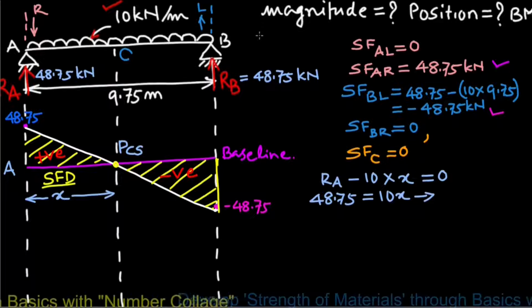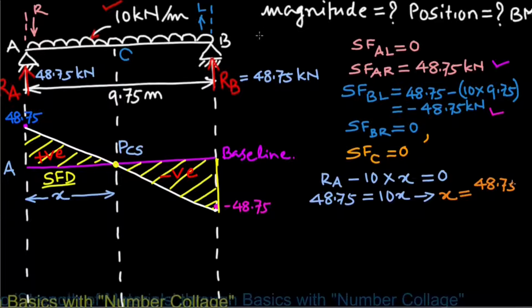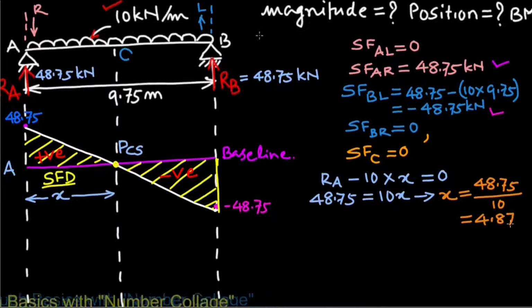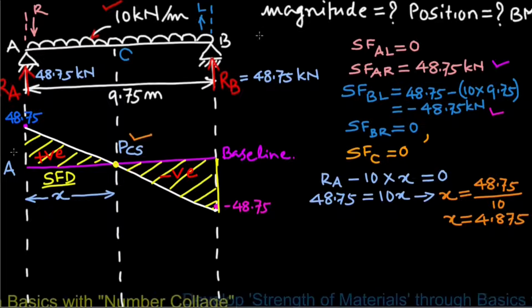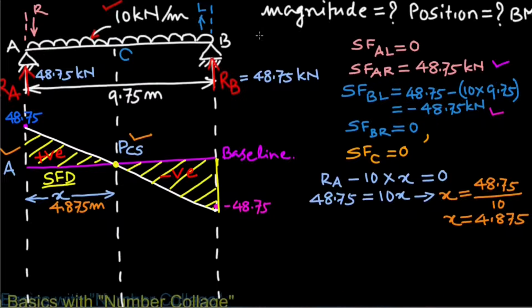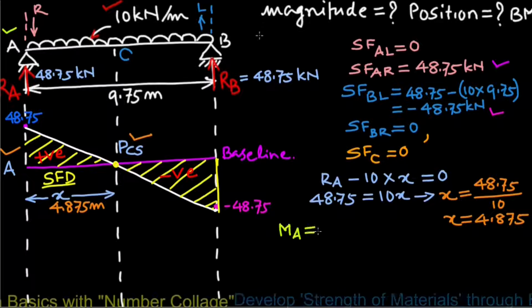So that gives us x equals 48.75 upon 10, so that will be 4.875. So the position of point of contra shear from point A is 4.875 meters.